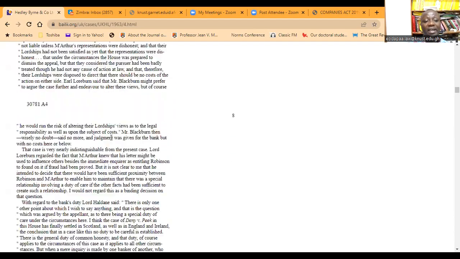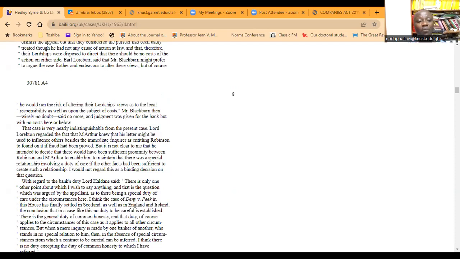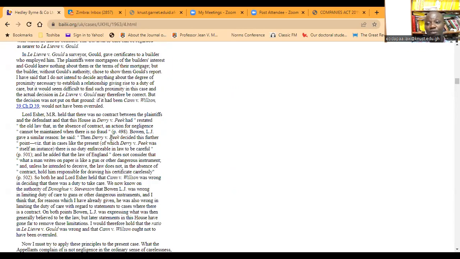So when it collapsed, the advertising company sought to sue the bank or the financial institution for giving opinion regarding creditworthiness of the company before it was made to enjoy the advertising on credit.